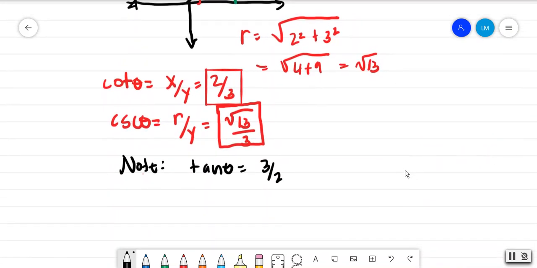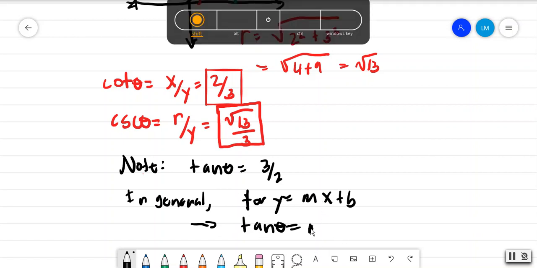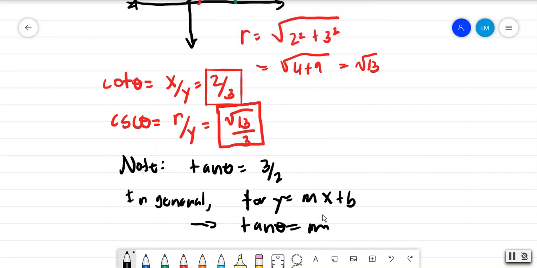So in general, whenever you have an equation like y equals mx plus b, tangent of theta is always equal to the slope. And that's not really surprising because we know that the slope is defined by the rate of change, the change in y over the change in x, which is really just the tangent.